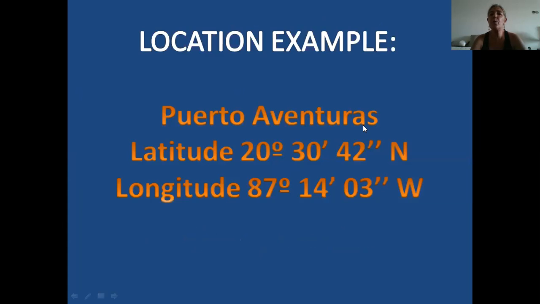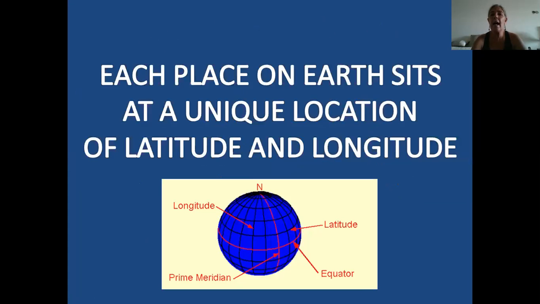So Puerto Aventuras, it's located on latitude 20 degrees north, longitude 87 degrees west. And this is the way that you can locate every place on Earth. Every place that you want, it's going to have its very own unique location of latitude and longitude. So this is very easy to understand because every place is going to have its very unique location.